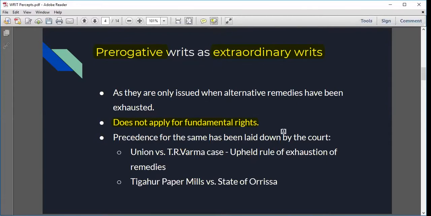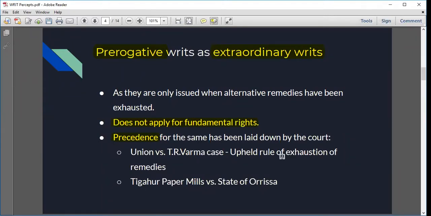Let's say that some of your fundamental rights are violated, and you approach the Supreme Court directly. Now the question arises: can you? The answer is yes, you can. Theoretically, you can, because that is the right provided under Article 32. But practically, the Supreme Court has laid down precedents, or a set of rules, or guidelines, on when one can approach the Supreme Court directly when there is a violation of fundamental rights.